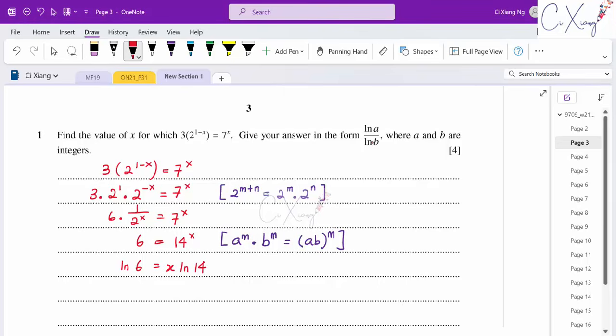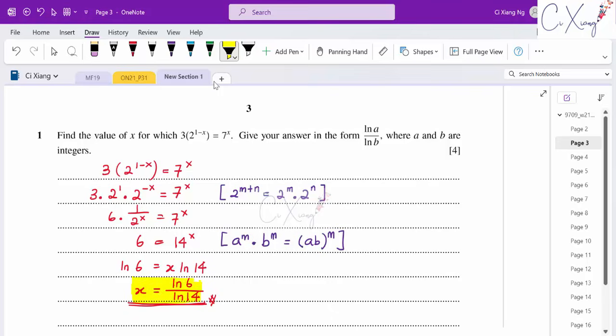All right, so I have ln 6 equals x ln 14. By grouping only the x on the left hand side and all the numbers to the right hand side, I have ln 6 divided by ln 14. You can see that this is the pattern that the question wants us to show. Okay, so our answer for x will be ln 6 divided by ln 14.